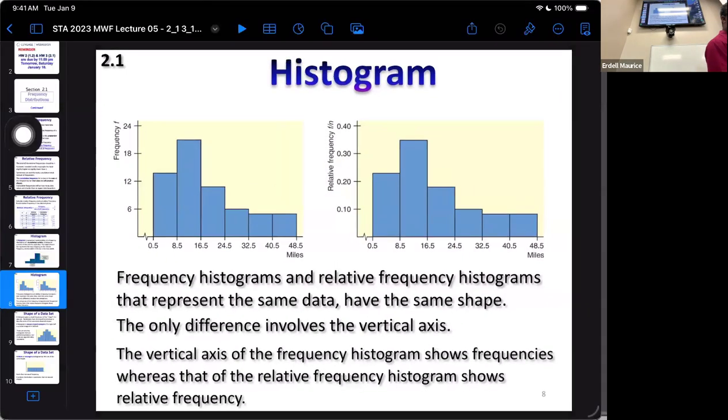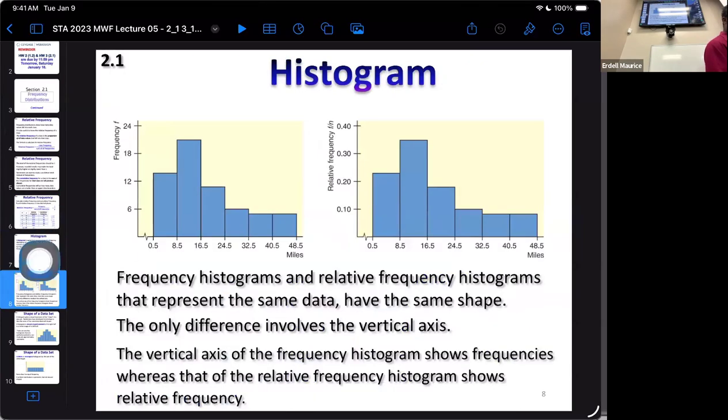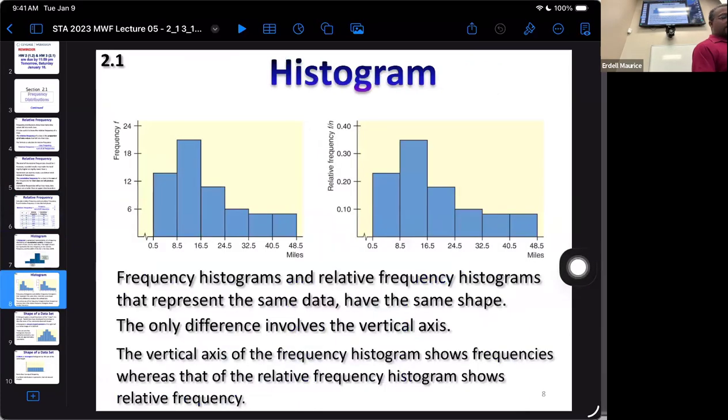Remember, this was 14 right here. So this goes up to 14, while the 14 represents 25%. And so the relative frequency histogram goes up to 25%. But it's the same data, the same information. Question there.